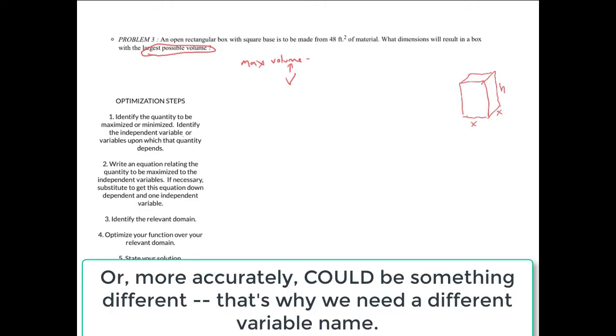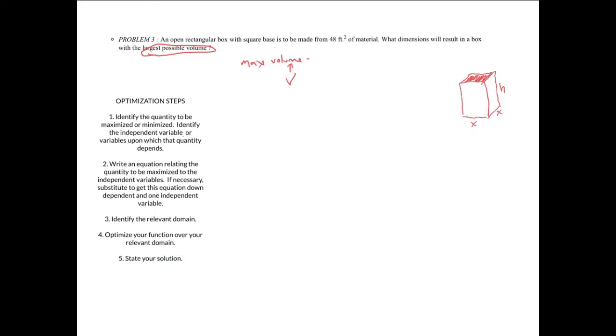And we're told that there's no top on it. It's an open rectangular box. So I want to maximize the volume, and the volume of that box is going to depend on the length of these 3 sides. So the independent variables I would have would be x and h, and since I've labeled them in the diagram, that counts as sort of defining what the variables are. So dependent variable, independent variables.